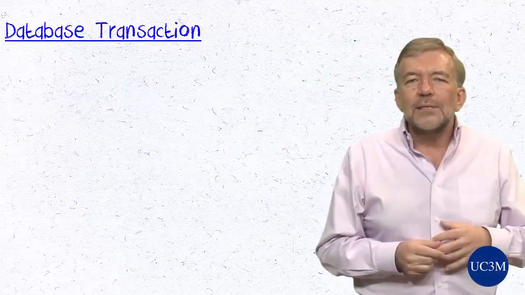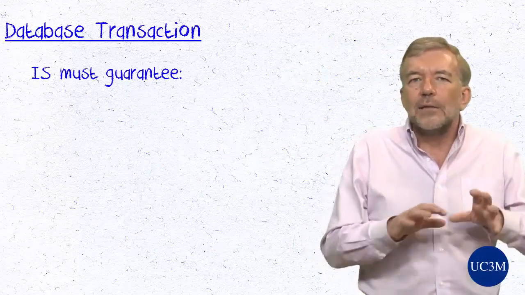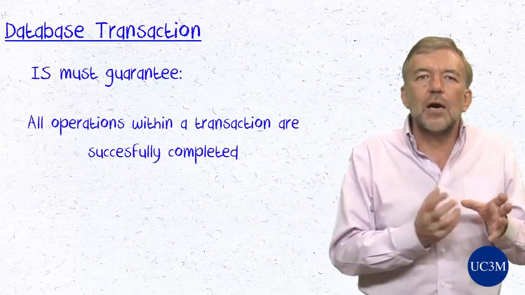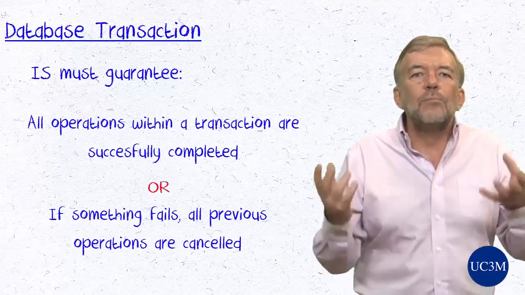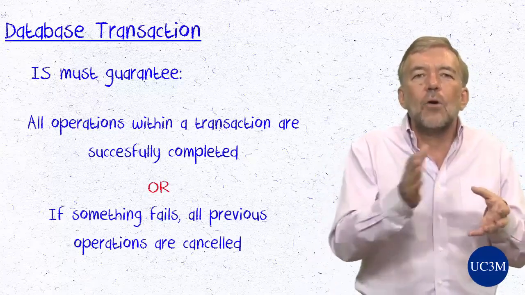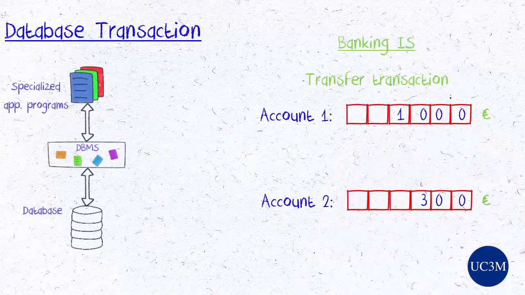Information systems must somehow guarantee that either all changes within the transaction are successfully completed, or if something fails, all previous operations are rolled back or cancelled. Fortunately for application developers, they do not need to worry about the complex details of implementing this.